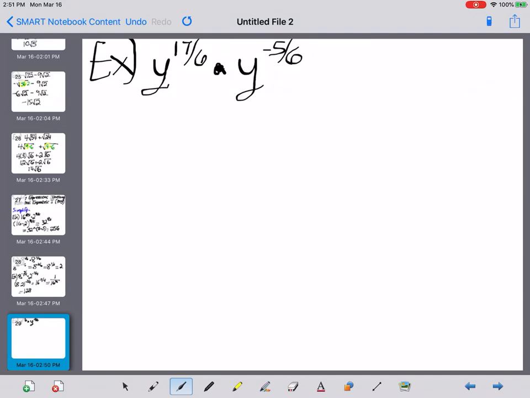Alrighty, so on this one, same base. So if I have the same base, we add exponents. So our base is y, so we're just going to bring our base down, y. And then we're doing a 17/6, and we're going to be adding the -5/6. So essentially that plus doesn't do anything.